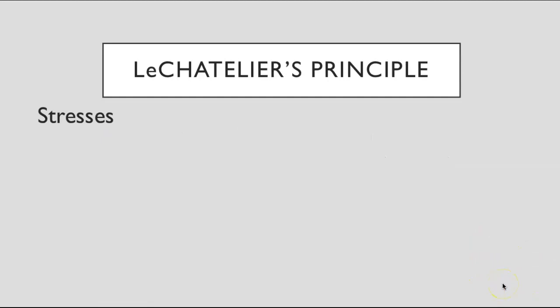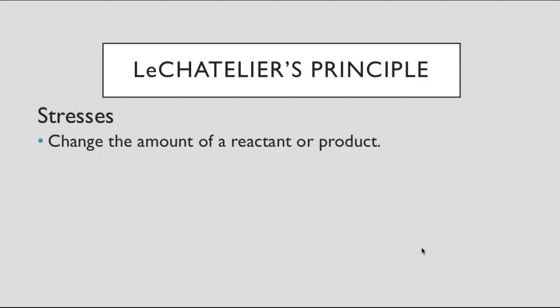Okay, so there are 4 stresses. The first stress is if you change the amount of a reactant or a product. The way that you can do that is by either adding more of a reactant or product or removing a reactant or product.